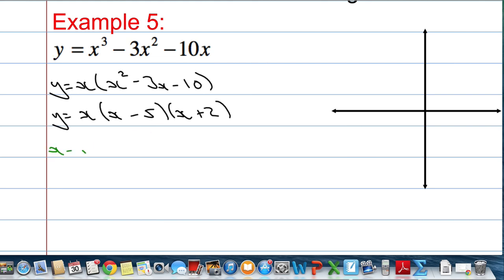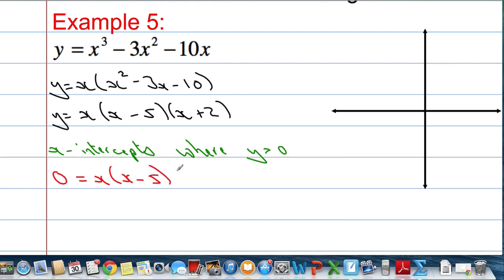So the x-intercepts happen where y is equal to 0, and we get this. So we get 0 equals x times x subtract 5 times x plus 2.